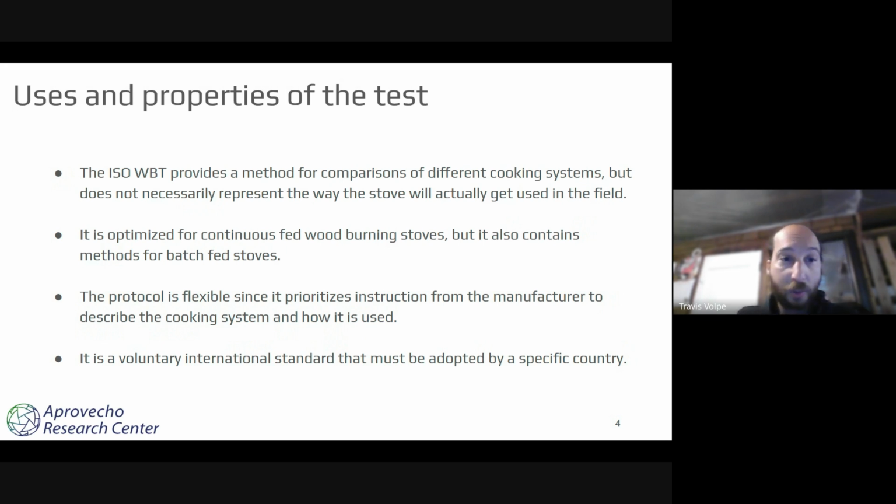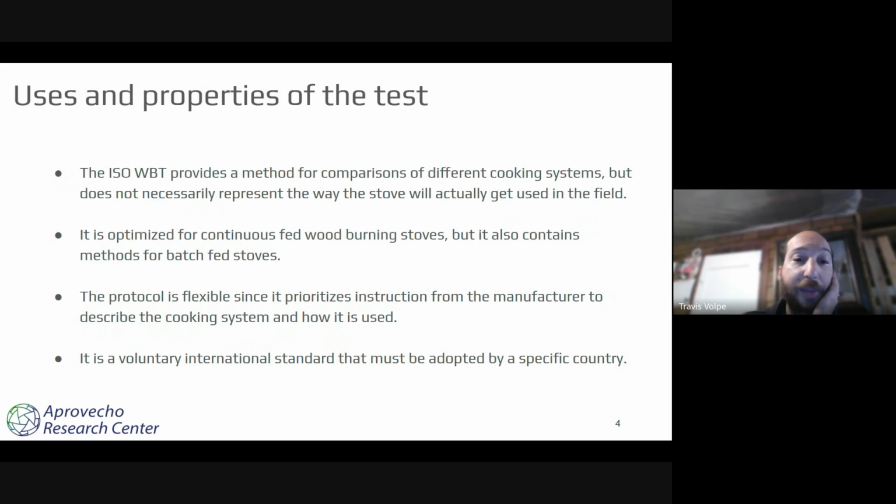The ISO water boiling test, or WBT, provides a method for comparisons of different cooking systems, but it does not necessarily represent the way the stove will actually get used in the field. It is important to note that when we perform the test in the lab, we do our best to operate the stove in a manner that is representative of how it will be used in the field: both the fuel size, the pot that is used, and the operation itself.